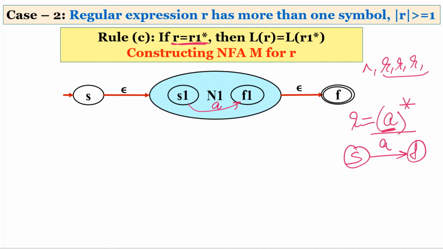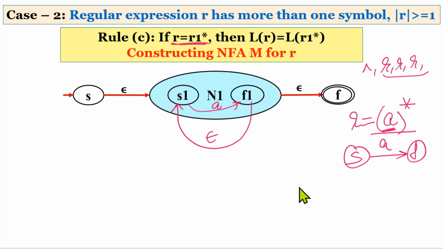To repeat this, we need to come back to the initial state. So we move from this state to the initial state, because S1 is responsible for starting the complete pattern. So we move back to S1 with a null move.